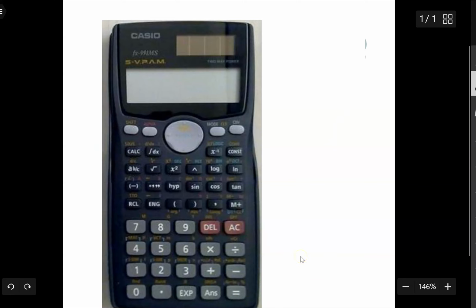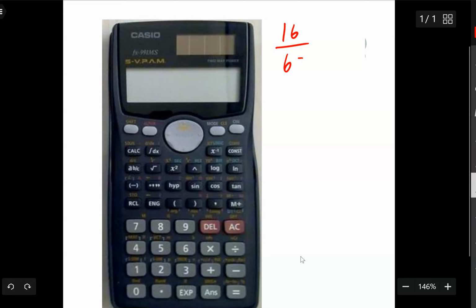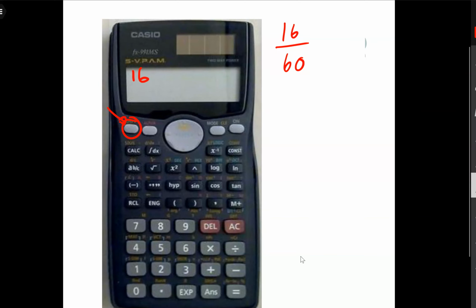All right, in the previous example we had 16 over 60. I would like you to recall how you key in 16 over 60. You key in 16, then you press the shift key so that an S appears on your screen, and then you press this key to enable the D over C feature on this calculator.